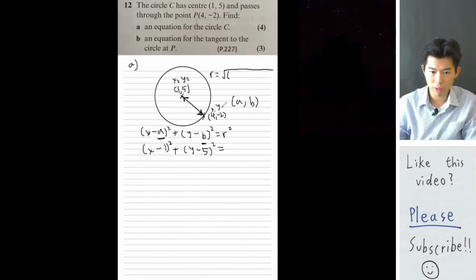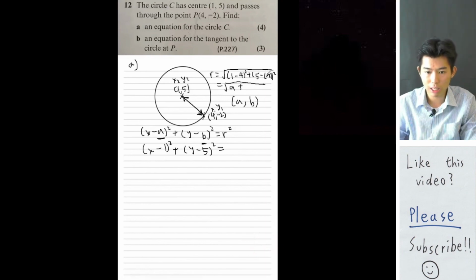So x2 minus x1 will be 1 minus 4, squared, plus y2 minus y1 will be 5 minus negative 2, squared, would be 3 squared would be 9, plus, and 5 minus negative 2 would be 7. 7 squared would be 49.